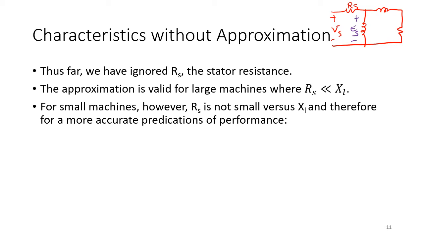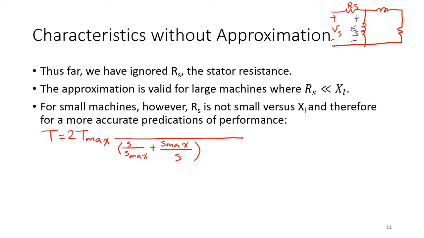So here what we are trying to do is modify the equation that we have derived for the more general case when RS cannot be ignored. In that case, torque T will be equal to 2 T max over S over S max plus S max over S. Up to now it appears very similar to the previous equation, but it's going to change.